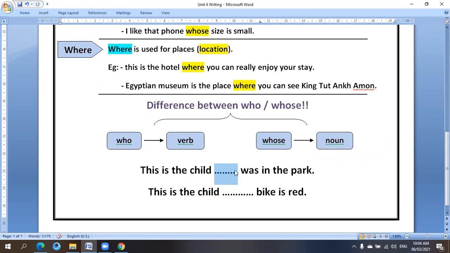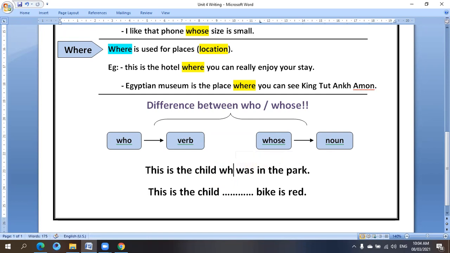So here, what will come after it? Is that a verb or a noun? Was here, a verb or a noun? Verb. Because it's a verb, we will use who. Yes, it's who.